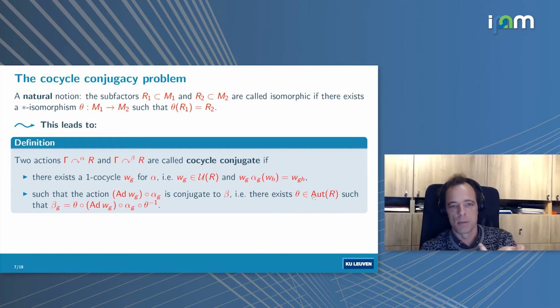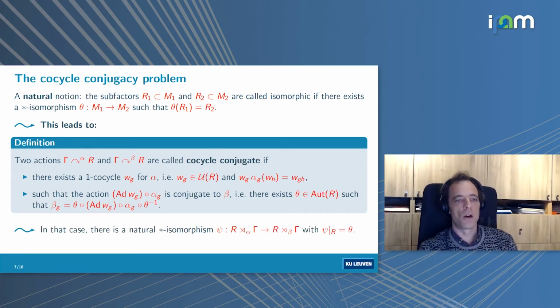So in formulas, there must exist an automorphism theta such that conjugating this one with theta, you get the action beta. Now, this is essentially the same thing as saying that there is an isomorphism between the cross products, which restricted to R maps R onto R and is actually given by this theta.